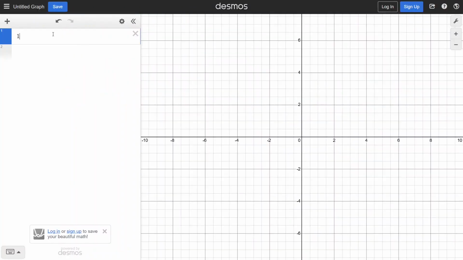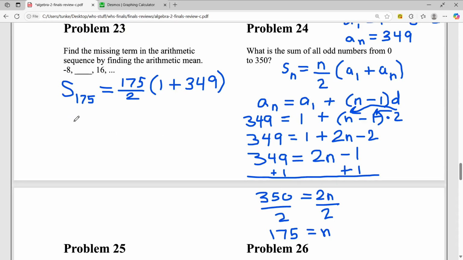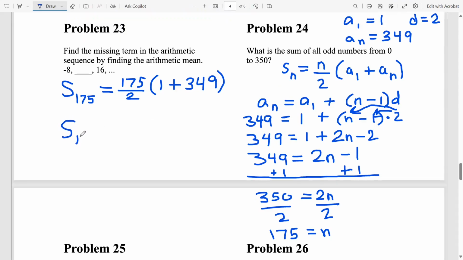So now we're at Desmos, we'll do 175 divided by 2 times 1 plus 349, and that's 30,625. So our sum here of the 175 terms is 30,625.